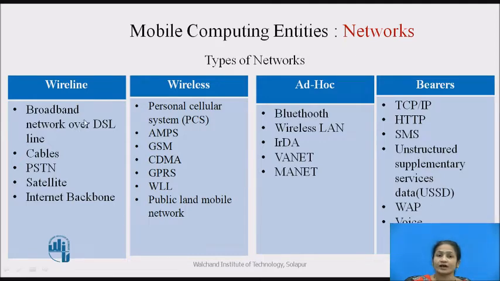Examples of wireline networks are broadband networks over DSL lines, or cable networks by which you connect to your televisions, and PSTN, that is the public switched telephone network, through which you can connect to your landline phones.